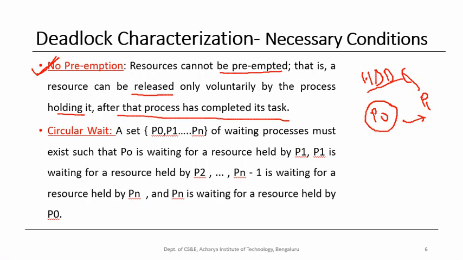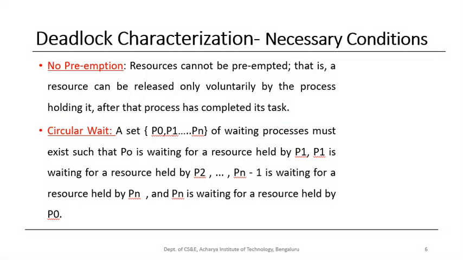The last condition, but a very important condition, which leads to deadlock is circular wait. We have already discussed this circular wait when we discussed the dining philosophers problem. Let us recall that once again here.